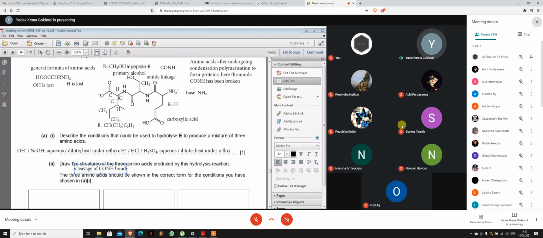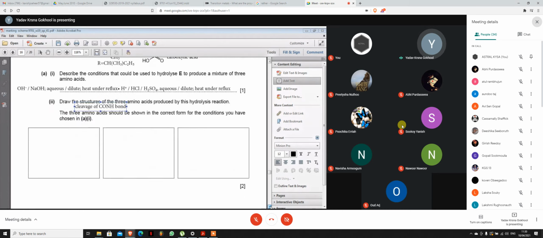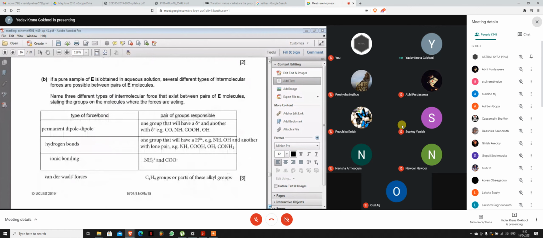This one is going to break here, second over here. So in fact, you are going to get 3 amino acids. Like I said, in your marking scheme there's London forces; it is van der Waals forces.